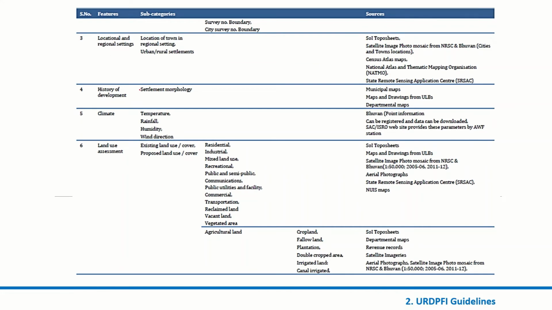There is other information, for example the local and regional setting and location. We already have this information, so we probably will not go into details. Let's say history of development.